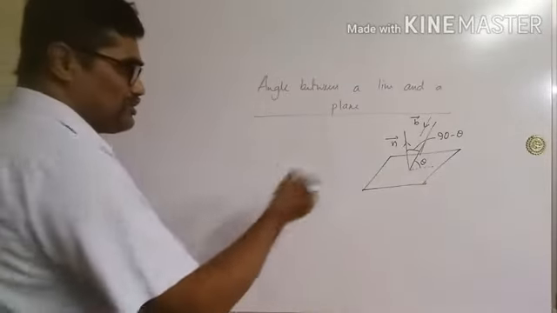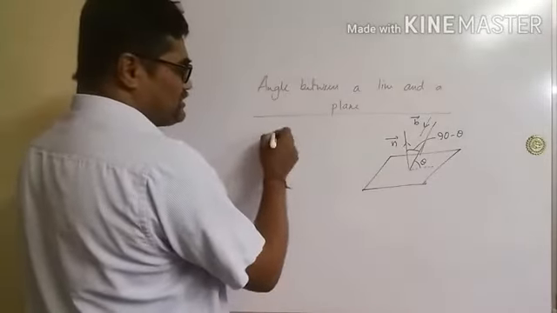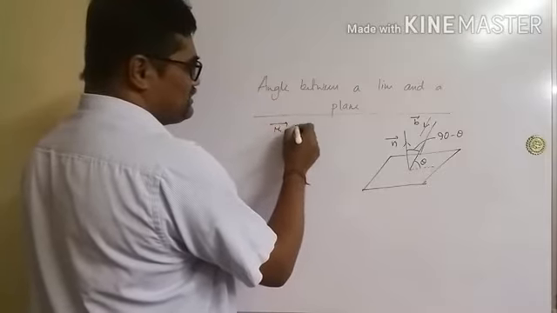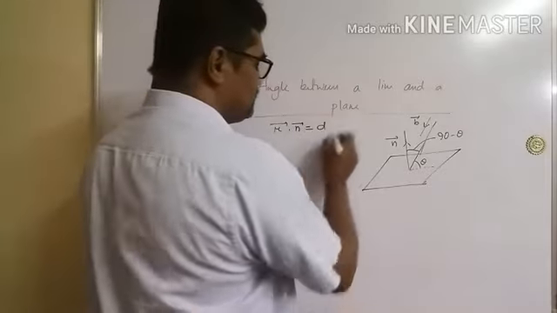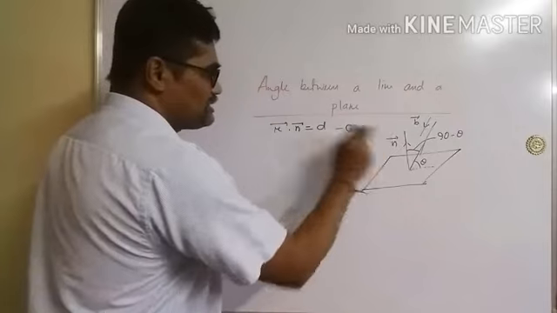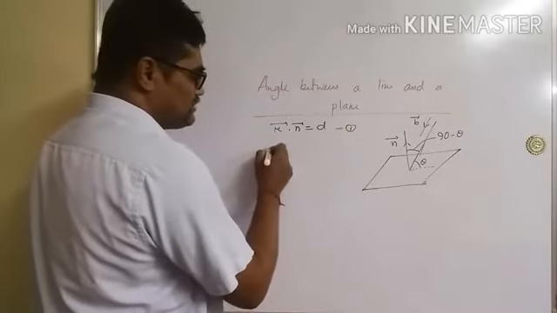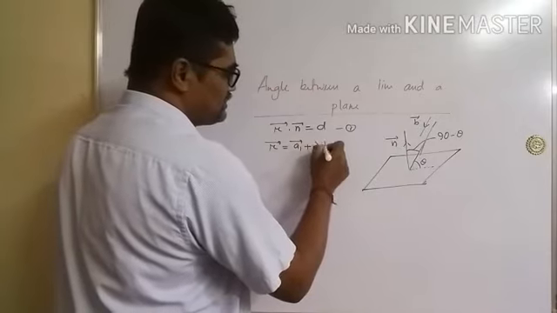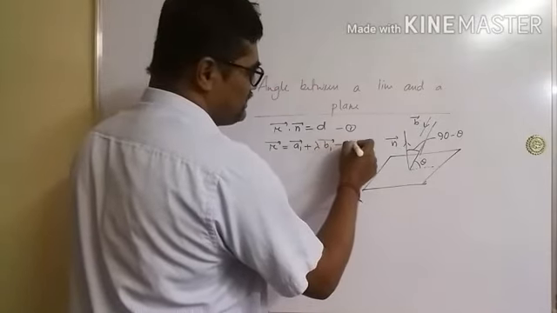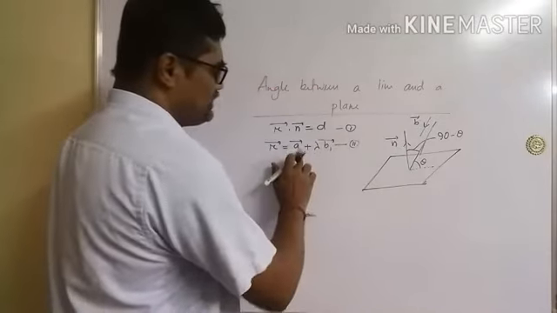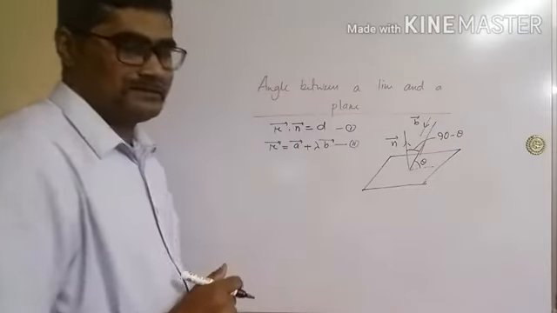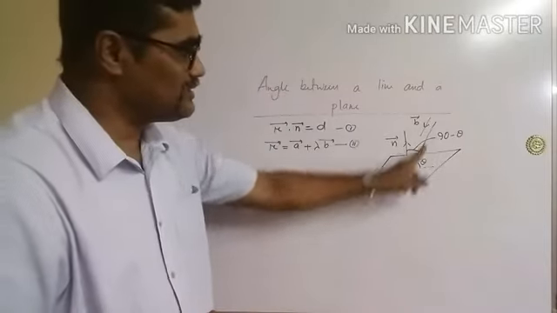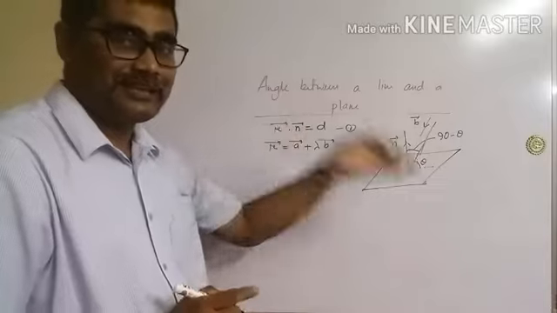How? See, first we'll consider the plane. This is the plane where N1 is here, and a line I should consider r equal to A1 plus lambda B1, or rather I write A plus lambda B. So this is the vector, this is the line, and this is the vector to which the line is parallel.